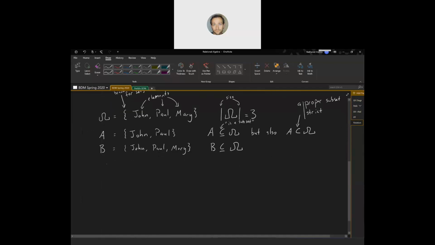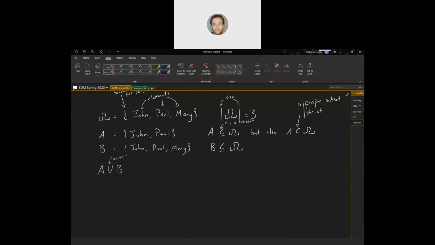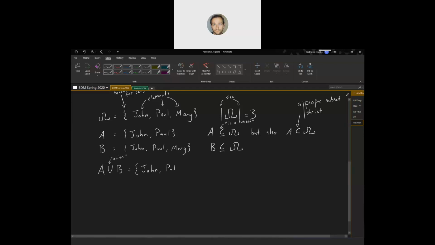Okay. So this is called a union, and in this example, the intersection between A and B, it's this part.